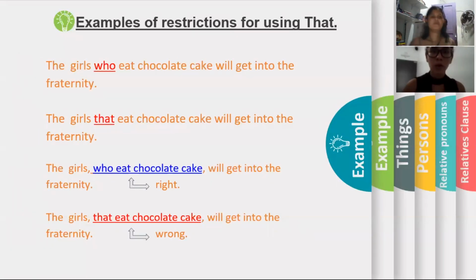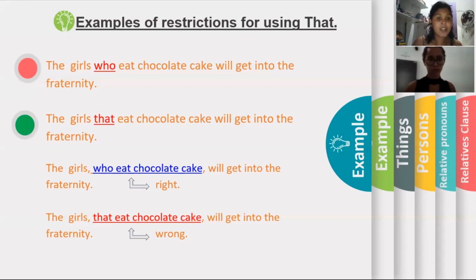Now we talk about restrictions for using that. Examples. The girl who eats chocolate cake will get into the fraternity. The girl, dash, who eats chocolate cake, will get into the fraternity.